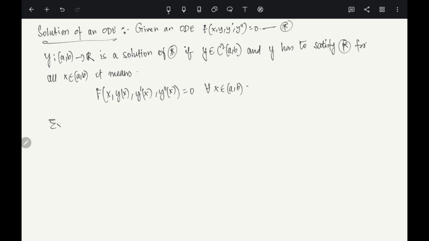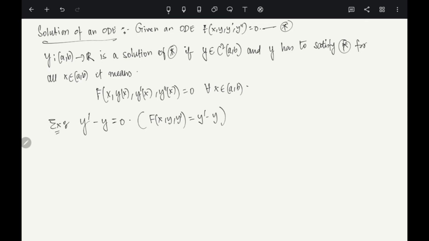So let's look at an example. Let's say an ODE is given by y prime minus y equals 0. This is an example of an ODE, of course. And your corresponding F of x, y, y prime looks like y prime minus y.